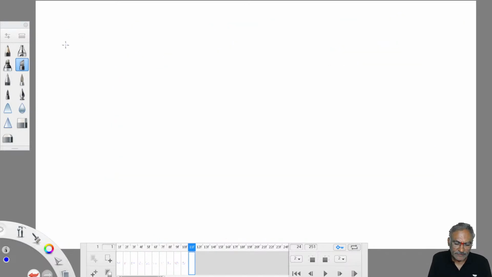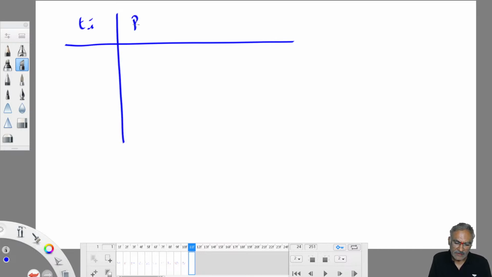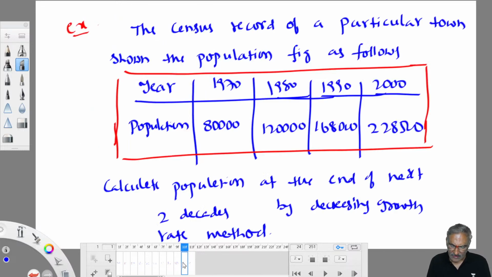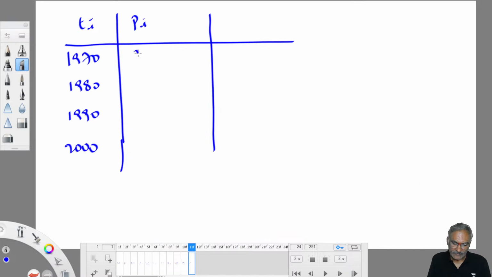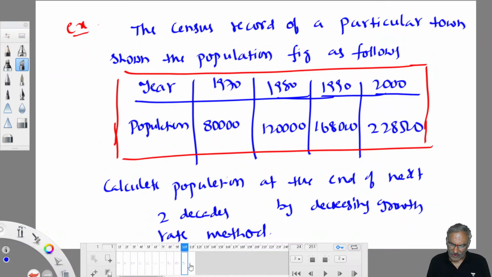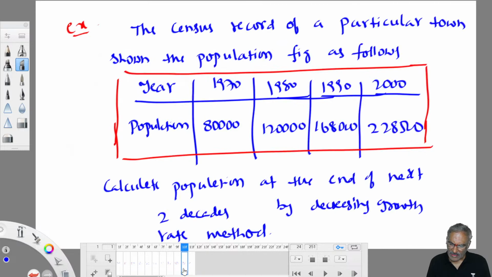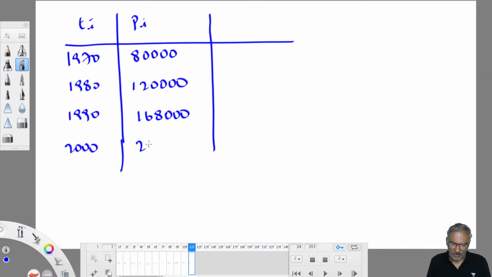Let us open a table. T I, P I: 1970, 1980, 1990, 2000. So 80,000, 1,20,000, 1,68,000, 2,28,500.